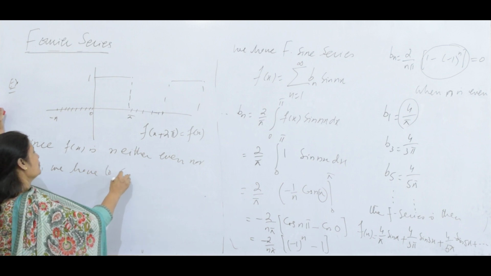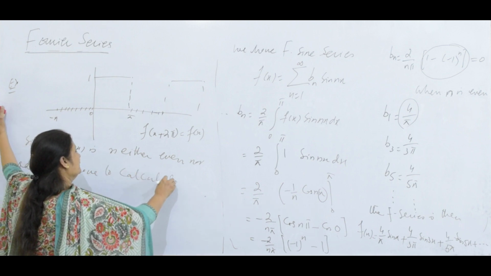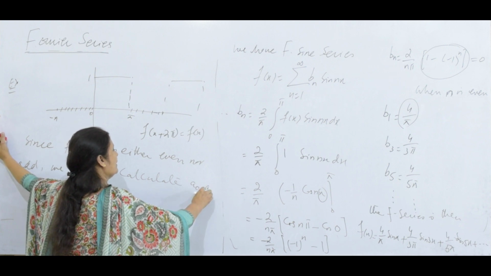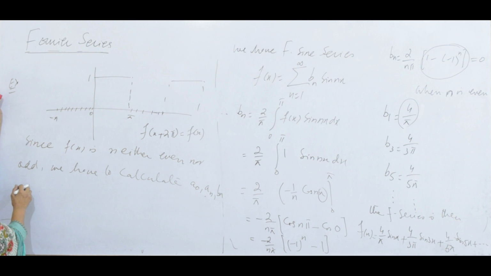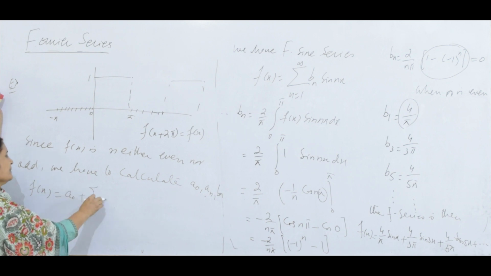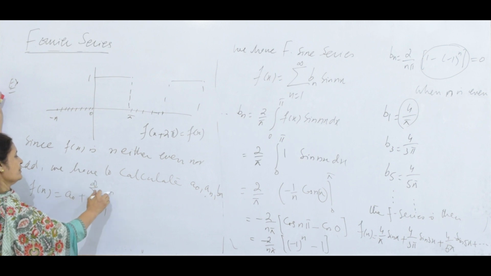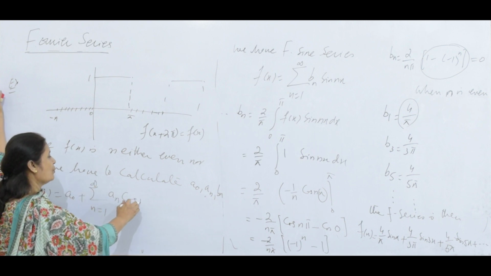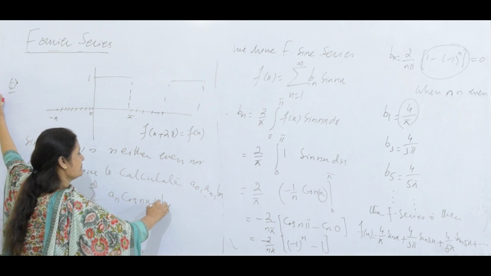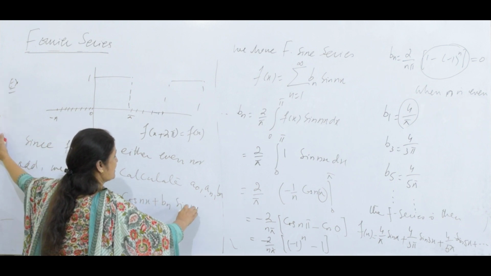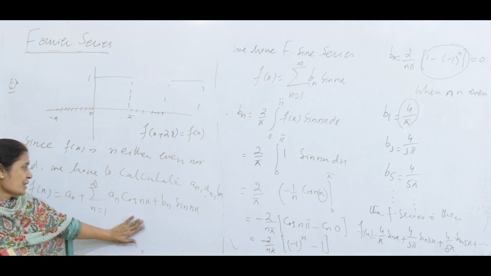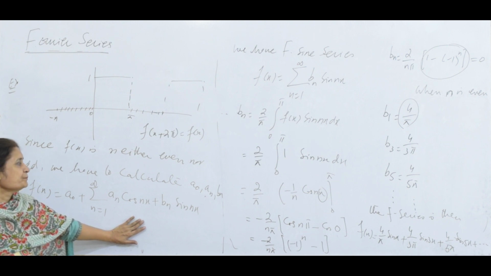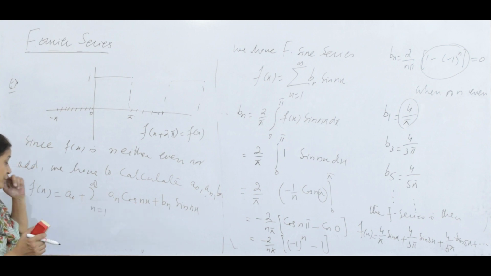We have to calculate a naught, a n, and b n, all the coefficients. And the Fourier series will be a naught plus sigma n equal to 1 to infinity a n cos nx plus b n sin nx. This is the required Fourier series for a function which is neither even nor odd. So all the coefficients you have to calculate.